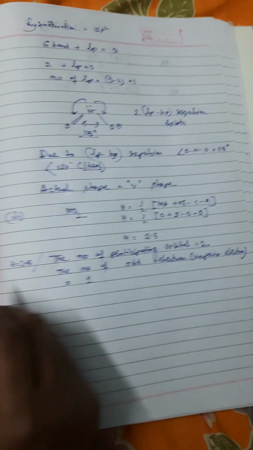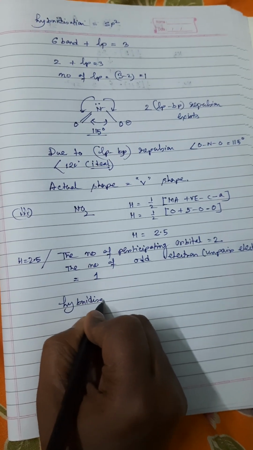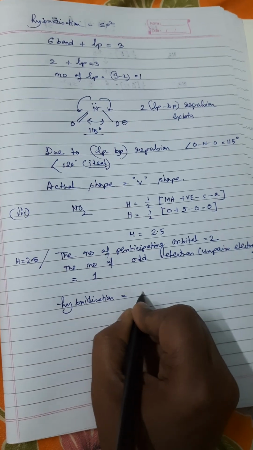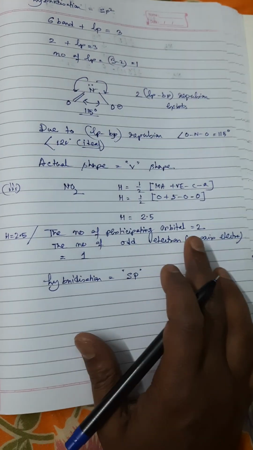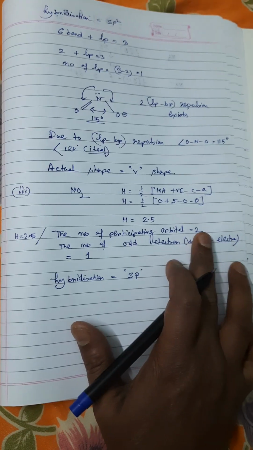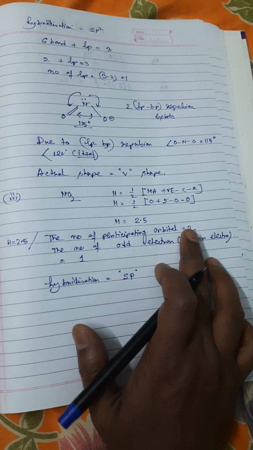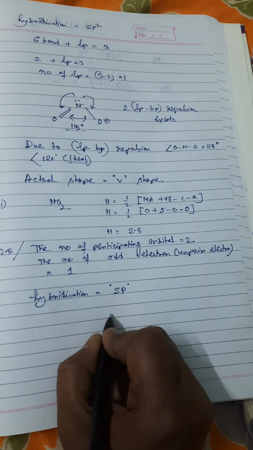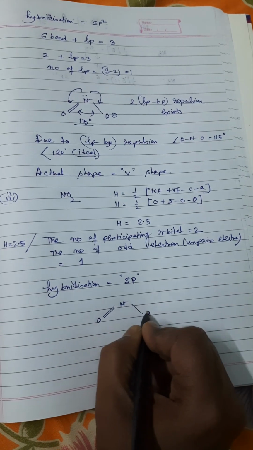So what will be the hybridization? Hybridization is sp, because the number of hybridized participating orbitals is 2. So sp is the hybridization state of the nitrogen, where the number of participating orbitals is 2, and the shape is like this.